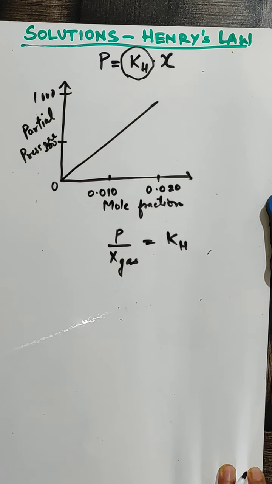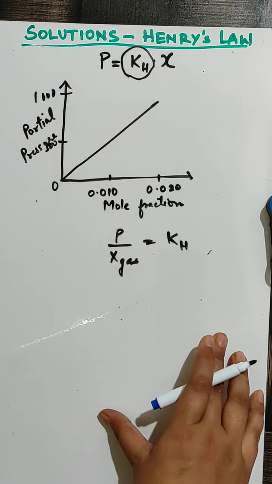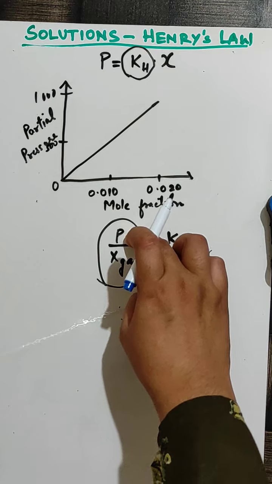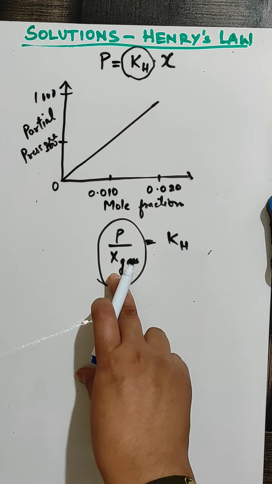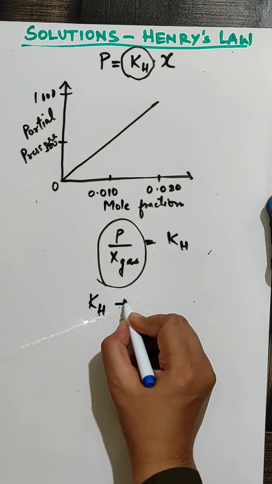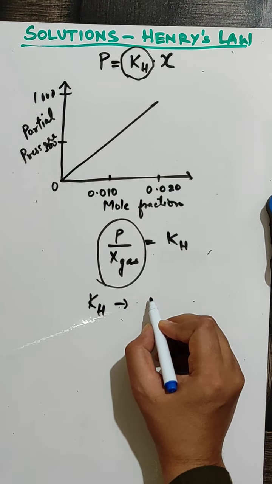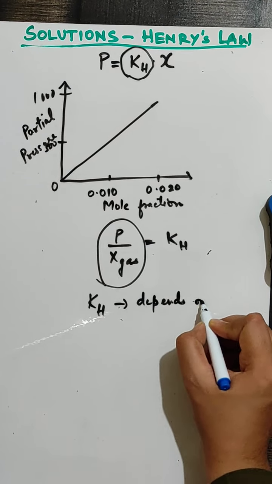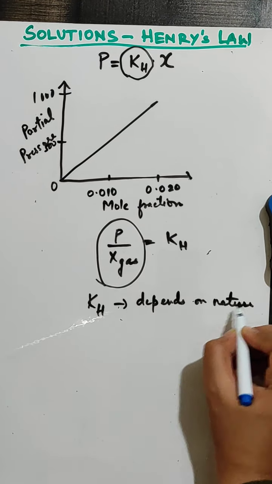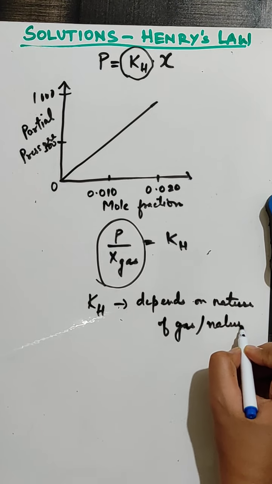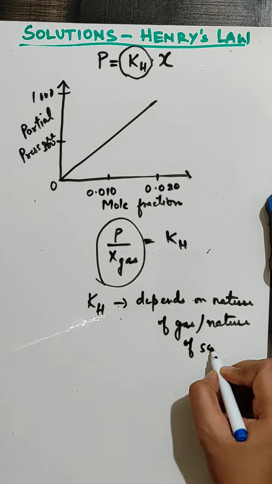So the slope of this line is the Henry's law constant KH, which is equal to the partial pressure upon the mole fraction. All right, so KH is dependent on the nature of gas or nature of solvent.